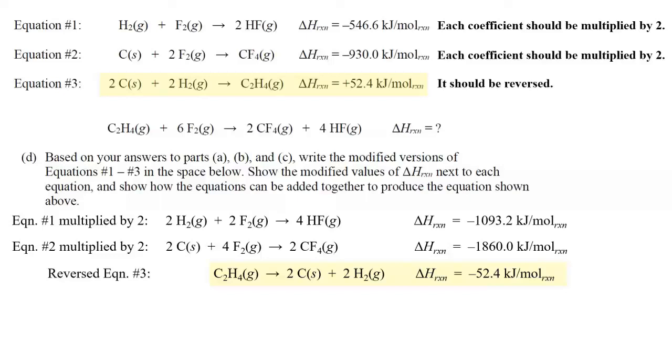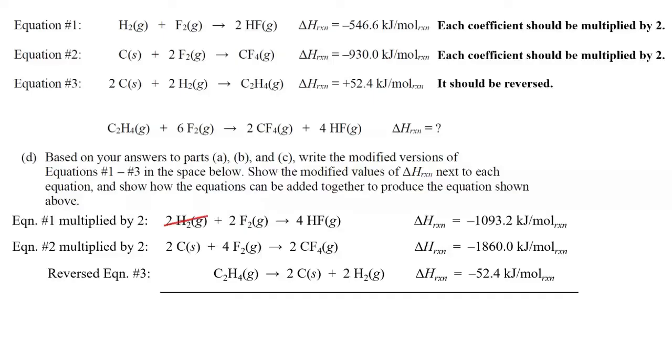So I changed the sign of delta H. I'm now ready, so I've drawn a line under these 3 modified equations. I'm now ready to cross off anything that appears on opposite sides of the equation so I can get rid of them. So again, kind of like a catalyst or an intermediate, I'm crossing off any chemicals that appear identical on opposite sides of the equation.